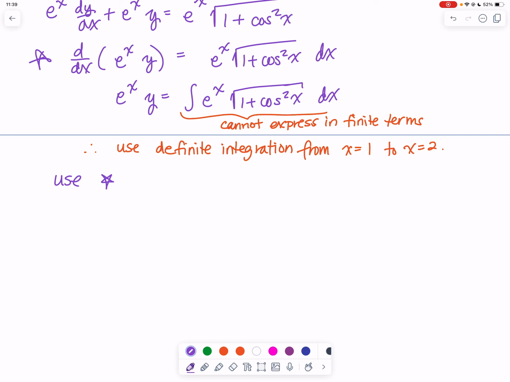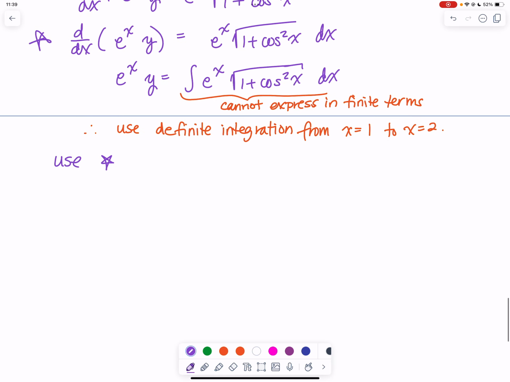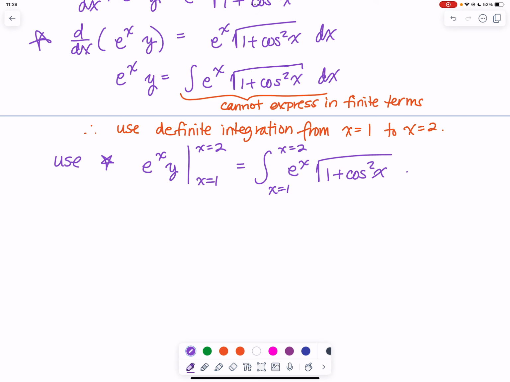And so we are going to use definite integration. And so we will have e to the x, y evaluated from x equal to 1 to x equal to 2 is equal to the integral from x equal to 1 to x equal to 2 of e to the x multiplied by the square root of 1 plus cosine squared x dx.